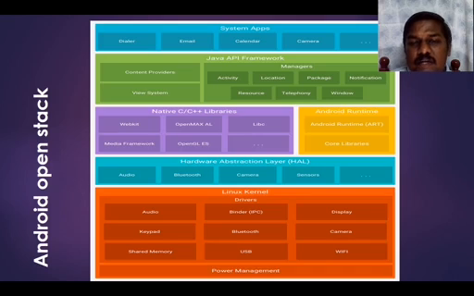Then the third layer has two subcategories called native C++ libraries and Android runtime. So these are the two sub concepts in the third layer.